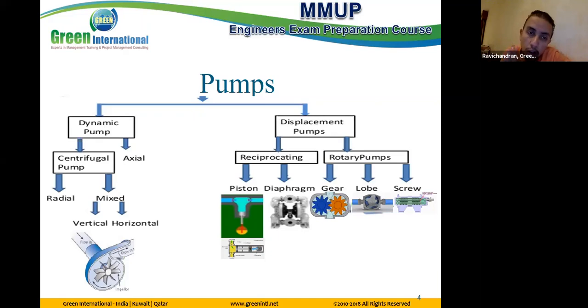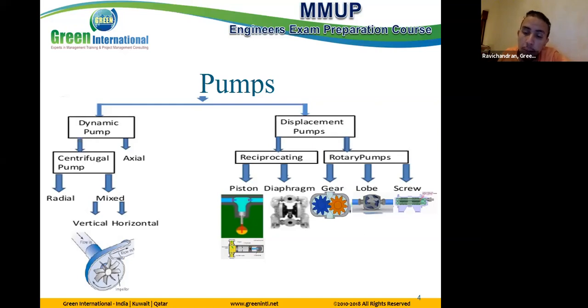But a displacement pump is used for high head and low discharge. This is the main point for classification of these two.